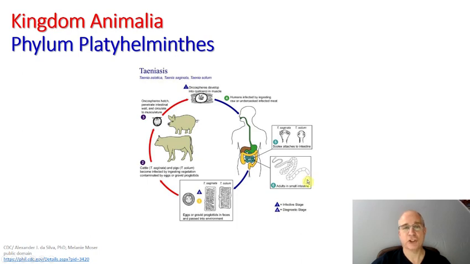So as they mature, they fertilize themselves, they produce eggs, and when humans defecate, if somebody's infected, they're releasing all these eggs. If a cow or pig comes along and eats something with these eggs on them, these start growing inside the cow or the pig. And when humans come along and eat the undercooked meat, then this cycle can continue over and over again.